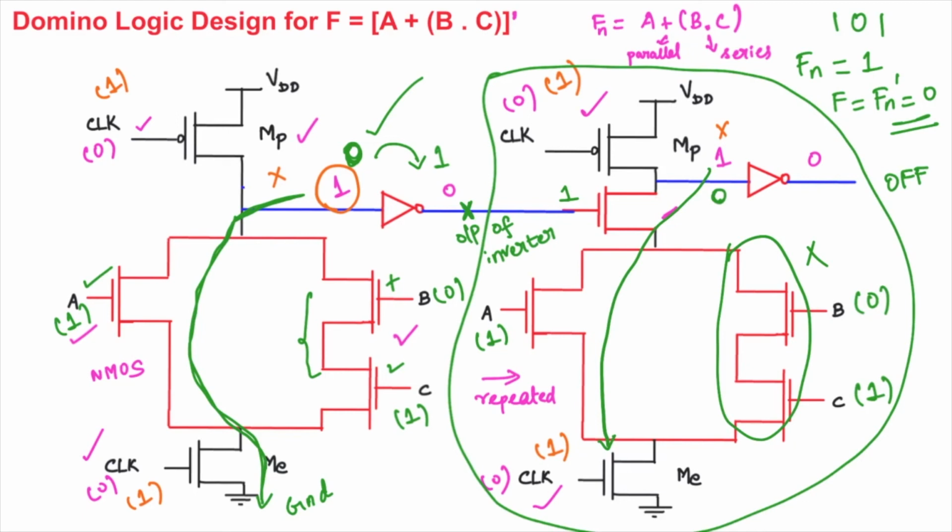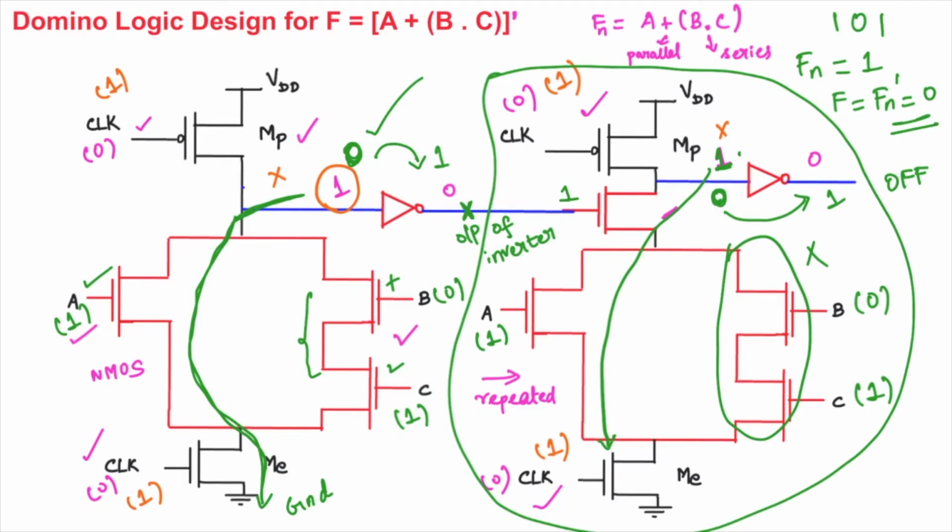Here also this one will be discharged only after the first transition is complete, and now this one will be discharged to 0 here, and for this 0 the output of the inverter will again be 1. Therefore the inverter can only make a transition from 0 to 1 when the evaluation phase is happening.